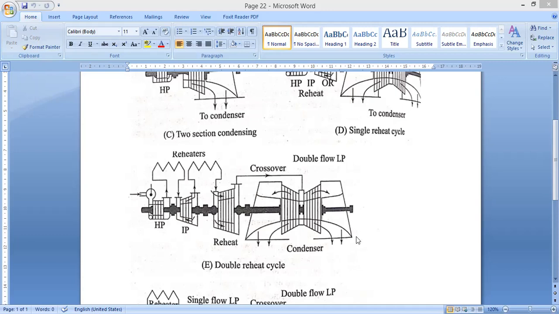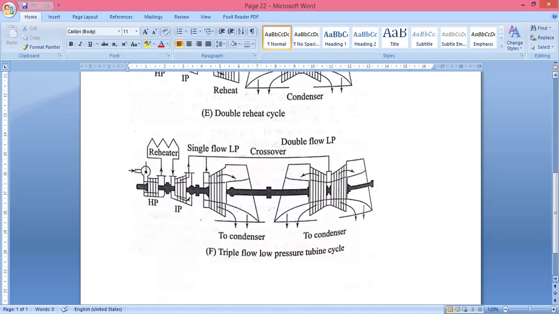Here, a triple flow designation indicates the use of one double flow LP turbine and one single flow LP turbine.